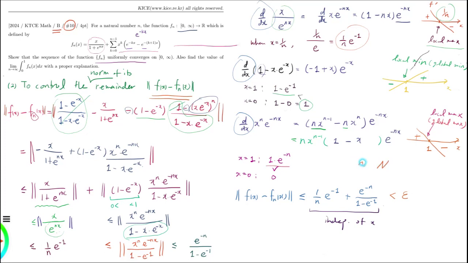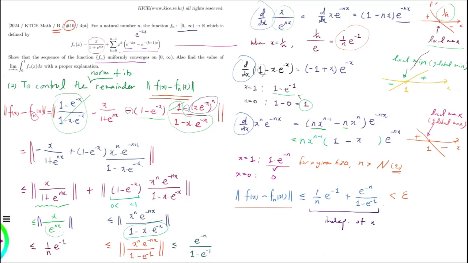So when n is big enough for a given positive epsilon, this capital N only depends on epsilon here. The norm of this remainder part can be as small as you want.